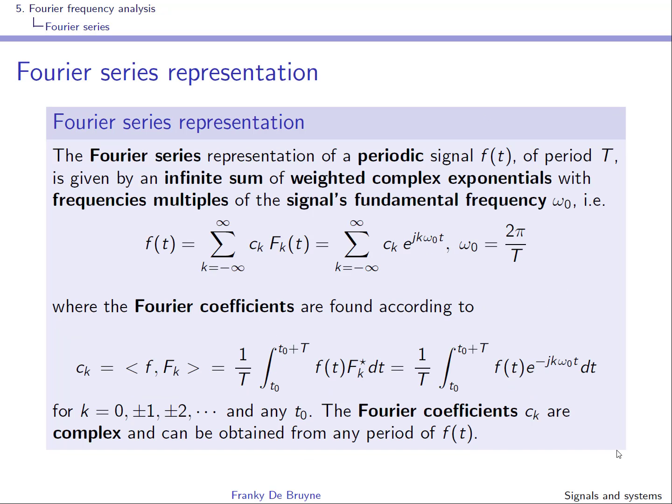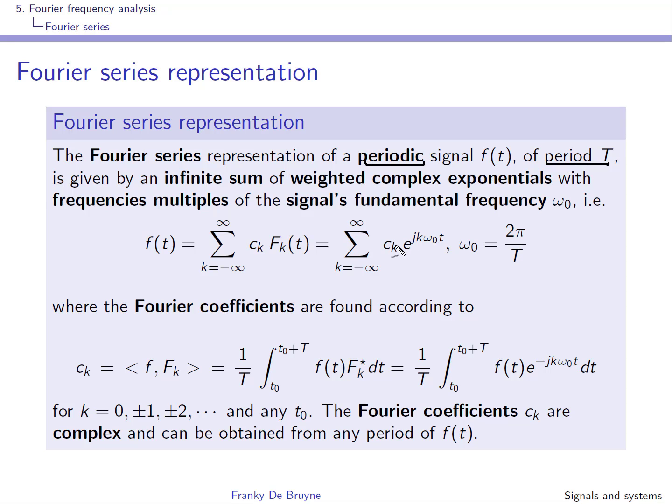Using this Fourier basis, you can obtain the Fourier series representation of a signal that is periodic of period T. This Fourier series representation is an infinite sum of weighted complex exponentials. Complex exponentials can be seen as cosines and sines, right?